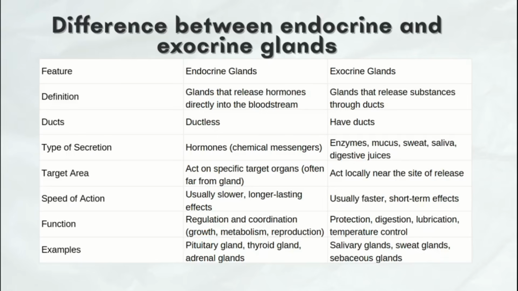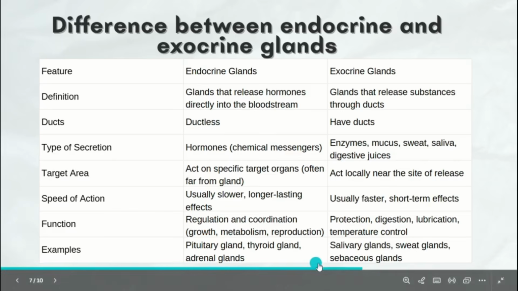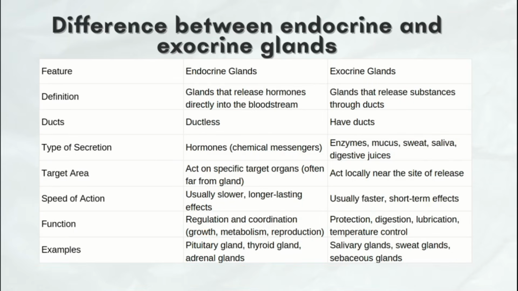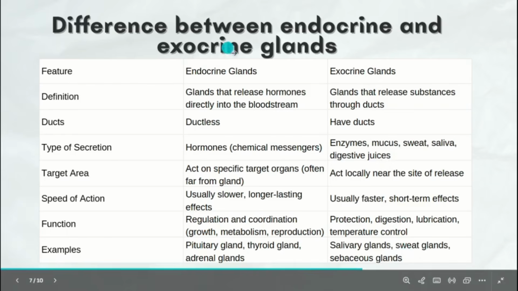We have all of those as part of the exocrine glands, with different target areas, different speeds, different functions, and very different examples. So there's a difference between endocrine and exocrine glands.